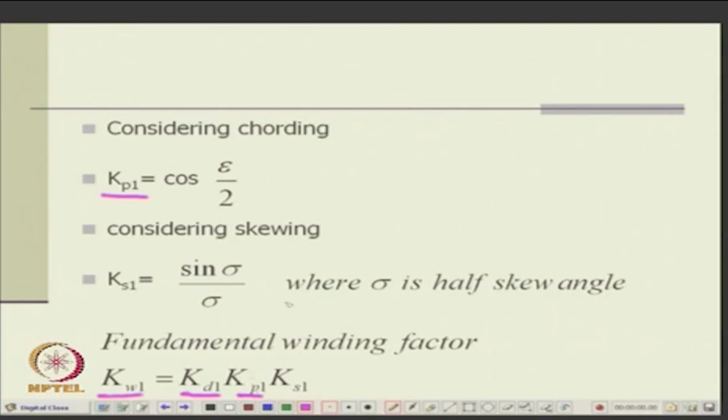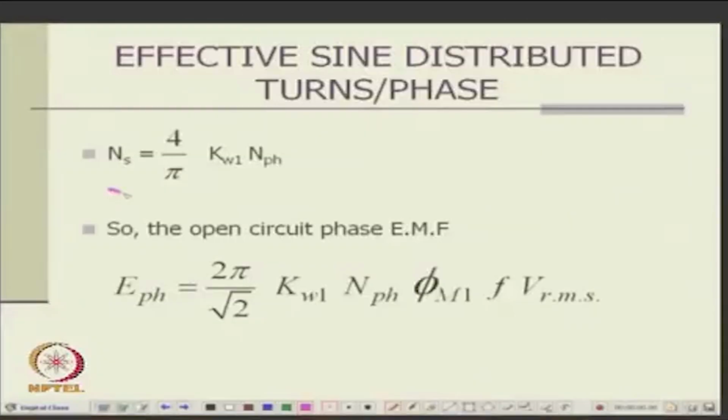Of course, sometimes there is a skew angle if it is skewed also. If it is skewed, it means the windings are not directly parallel from one end to the other along the shaft, but are at an angle sigma or whatever it is.